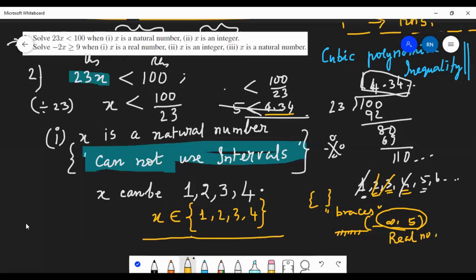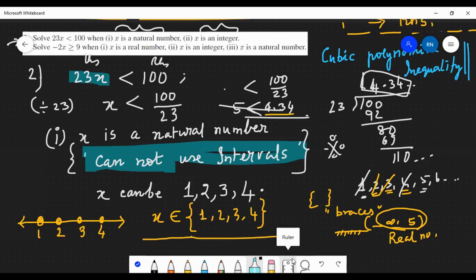So even if I denote by a number line, I can only make a dot at 1, I can make a dot at 2, I can make a dot at 3, I can make a dot at 4. This is how I can give the solution. I cannot make a continuous shading. Continuous shading cannot be accepted. So only individual, discrete, separate numbers.